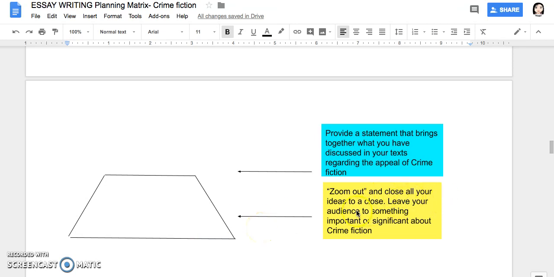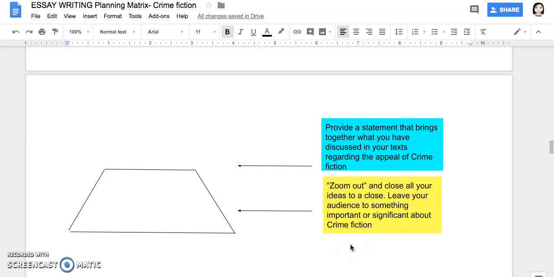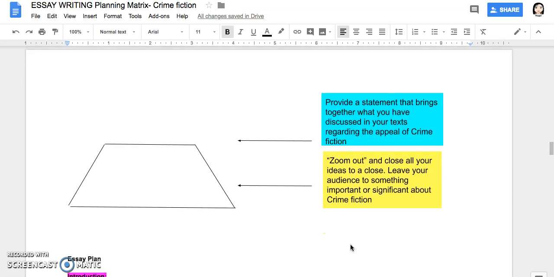Oh, I made a mistake there. Close all your ideas to a close. That's a bit silly. Okay, so it leaves your audience with something significant or important to think about crime fiction as a genre.